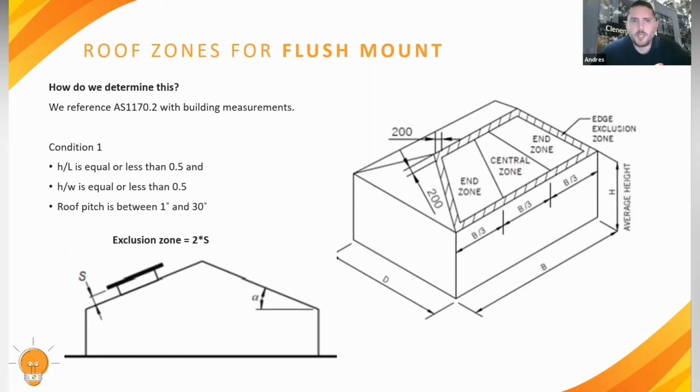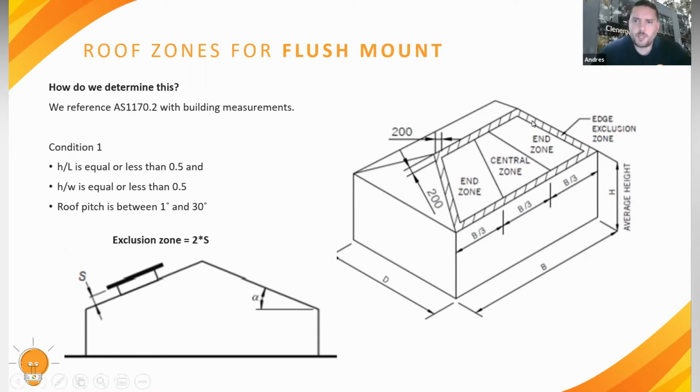Basically, we have 2 conditions when we evaluate roof zone definition for flush mounts. The first is when the height divided by the length is equal to or less than 0.5, and the height divided by the width is less than 0.5, or when the roof pitch is between 1 and 30 degrees. So what do we do here?